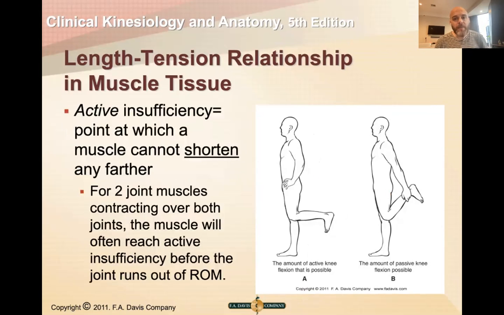Okay, so now that we talked about that length-tension relationship, we need to hurry. We need to talk about active and passive insufficiency. Look at this picture of a man standing on one leg.